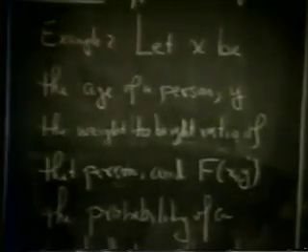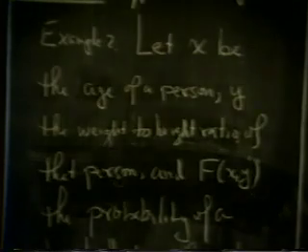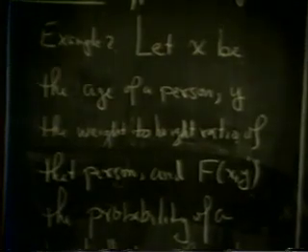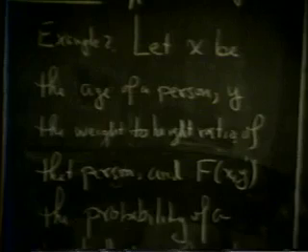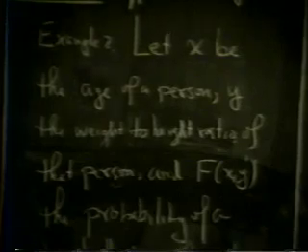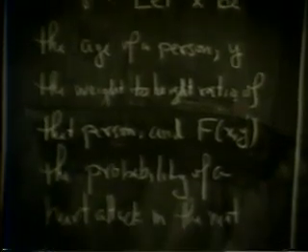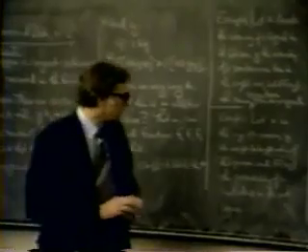As a second example, let X denote the age of a person, let Y denote the weight to height ratio of that person, and let F of XY be the probability of his having a heart attack in the next year. Again, everything is numerical, and it is definitely a factorial situation of the conjoint sort.